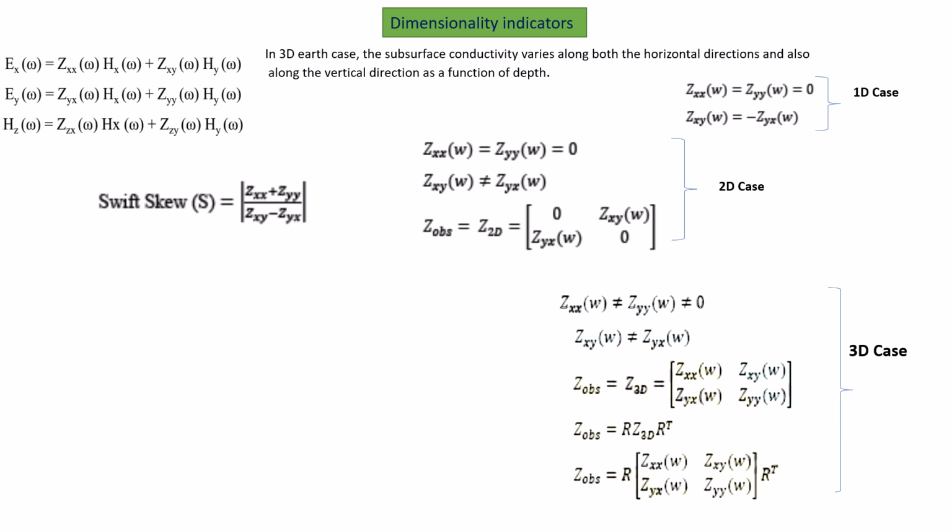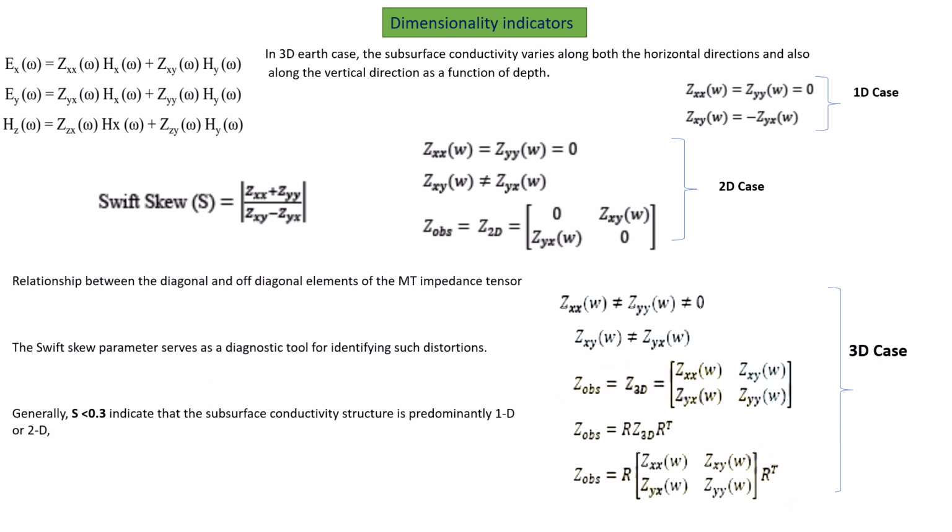And for the 2D case, the diagonal elements xx, yy are 0 and xy is not equal to yx. But for the 1D case, xy is equal to minus yx. So generally you can get the matrix of on-diagonal elements as 0, with the off-diagonal elements nonzero. And finally, in the 3D case, which is the practical one, you can have nonzero off-diagonal and on-diagonal elements.